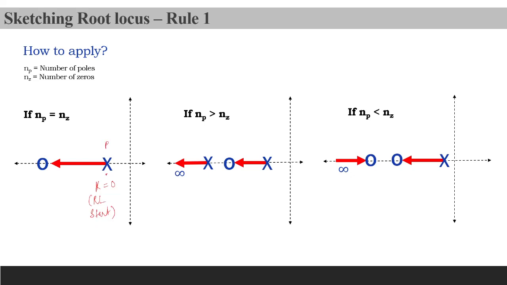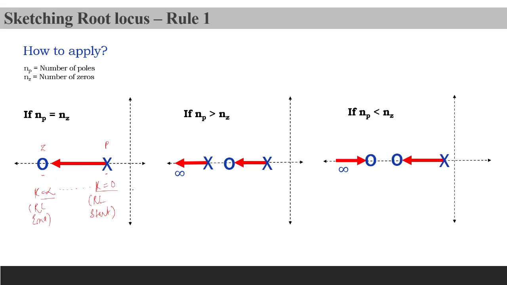And as we move from k equals 0 to k equals infinity, the root locus was about to end at this point. And when k was equal to infinity, the values of roots were closest to the zeros. That's why we sketched the direction of root locus from poles to zeros, that is from k equals 0 to k equals infinity, which is the start of the root locus to the end of the root locus.